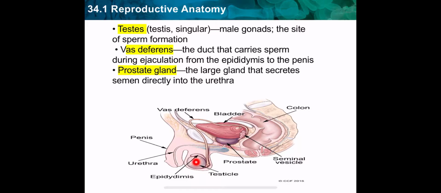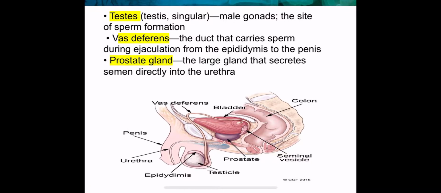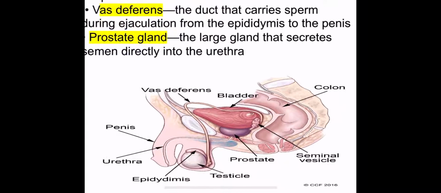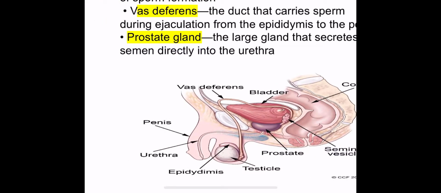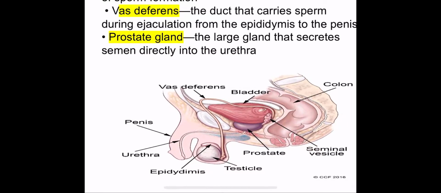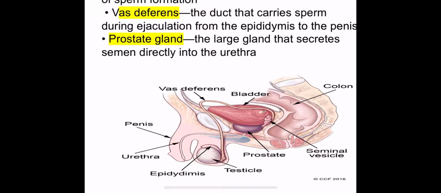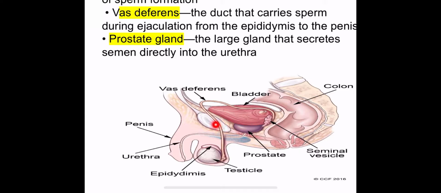For formation of sperms. Then vas deferens, this tube, the duct that carries sperm during ejaculation from the epididymis to the penis.